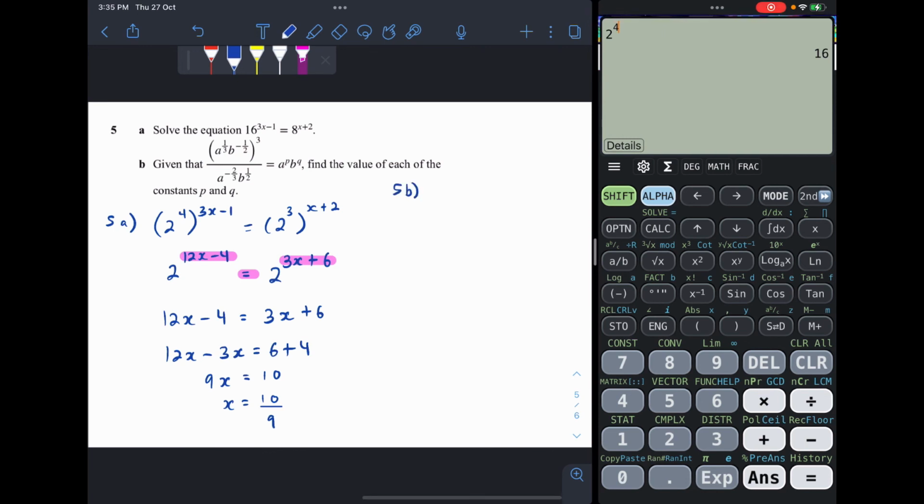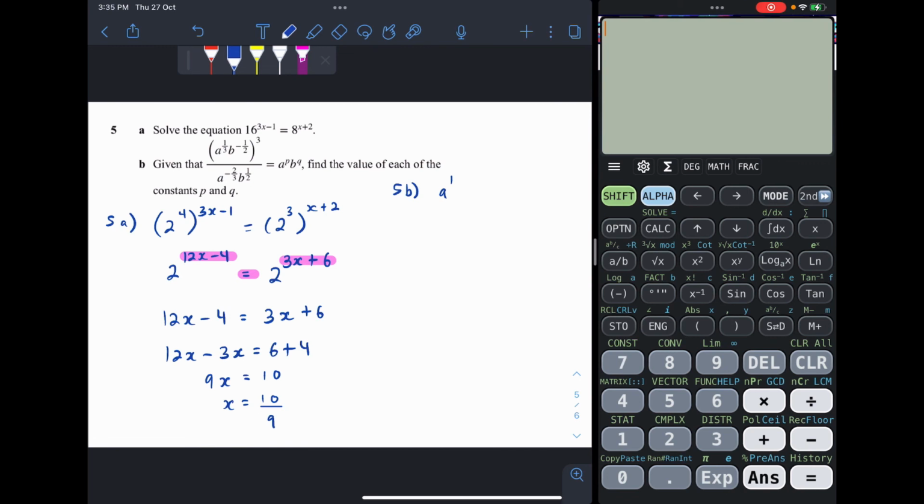All right, so 5b, hopefully I have enough space. As you can see from the question, there is a power of 3 outside the bracket. You need to multiply it in on the inside. So a: 1 over 3 times 3, 3 over 3. What's 3 over 3? It's just 1, exactly.